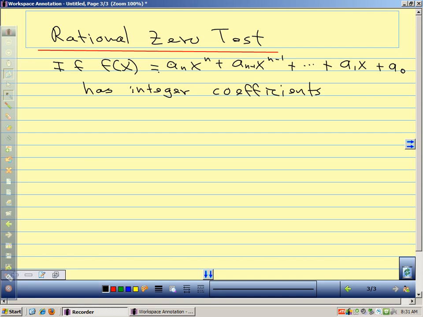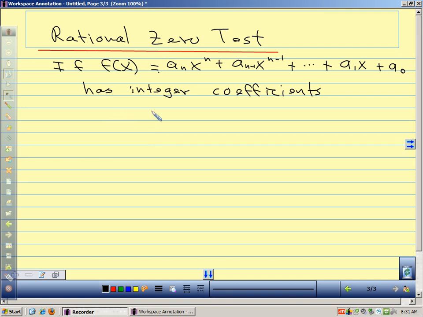Anybody remind us what an integer is? What kind of number? Negative, zero, or positive, and they are whole numbers. So negative 1, negative 2, negative 3, 1, 2, 3. So those are integers. So our coefficients are integers. So none of the a's are fractions. They're integers.